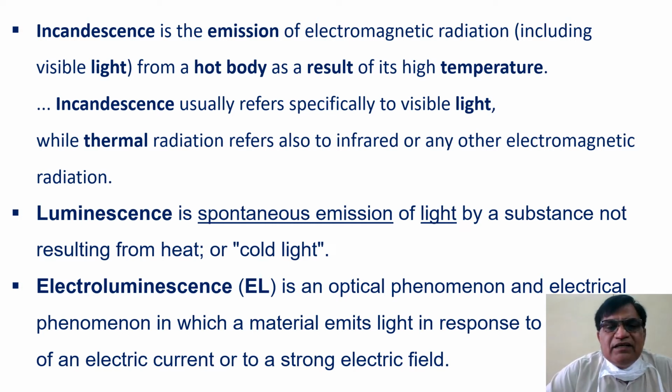Luminescence is a special character in certain substances, not in all substances. As in the tube light case, whenever an electron hits the surface of that material, the visible light spectrum is emitted. Electroluminescence is an optical and electrical phenomenon in which a material emits light in response to an electric current or to a strong electric field which passes through it.